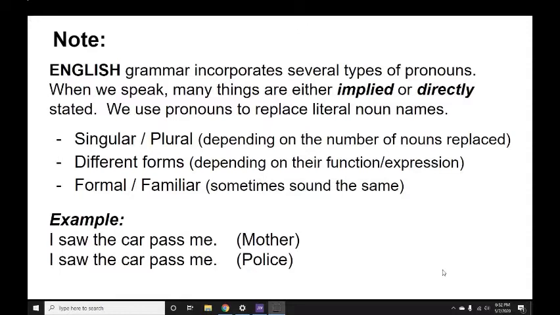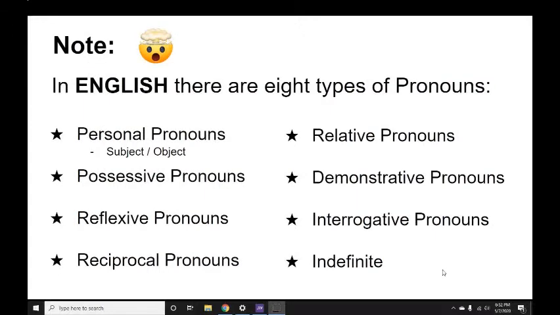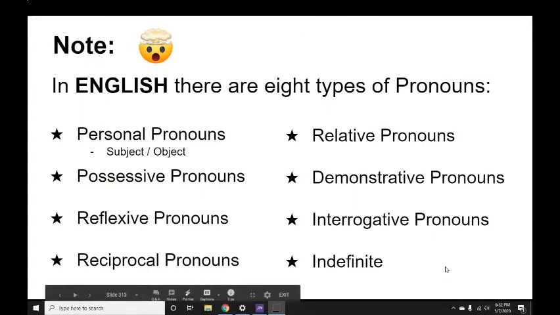Even my tone of voice may imply a certain level of respect, okay? But we don't change the pronoun for I or me in either of those sentences. In English, we use the same pronouns, I and me. I saw the car pass me. But in Lao, it's a little bit different, and we'll get to that in a moment.